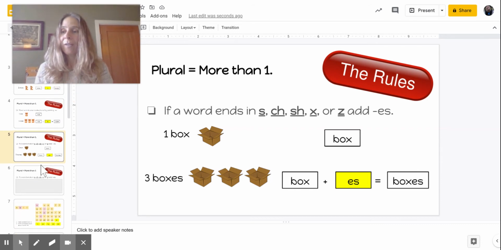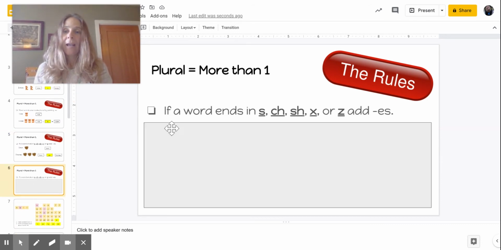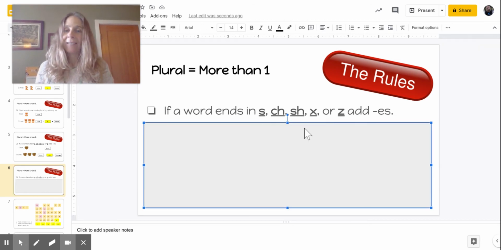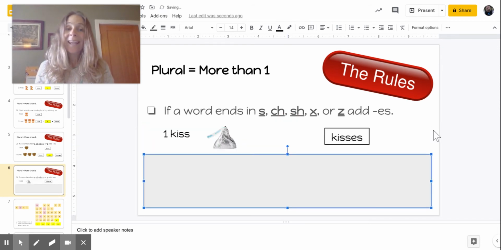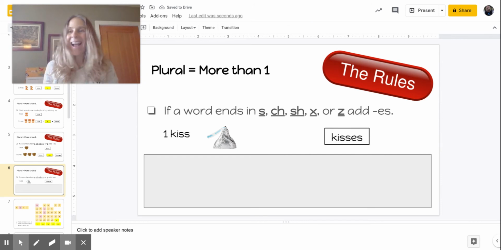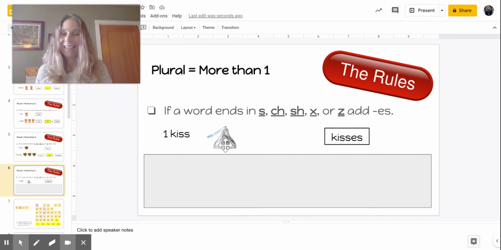So let's go down to another one. Again, our rule. If a word ends in S, CH, SH, X, or Z, add ES. So let's see. What is our word? Ooh, kiss. Yum. Okay, I have one kiss.